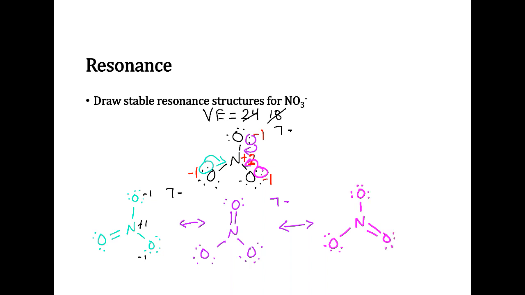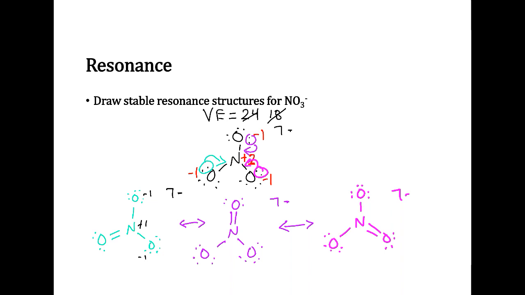And we would end up with a structure that looks like that. So there are 3 stable resonance structures for NO3-.